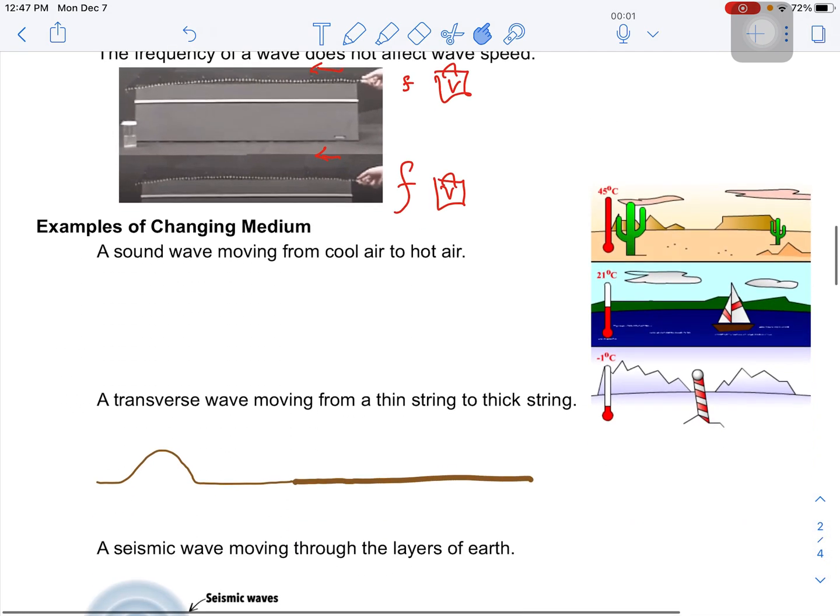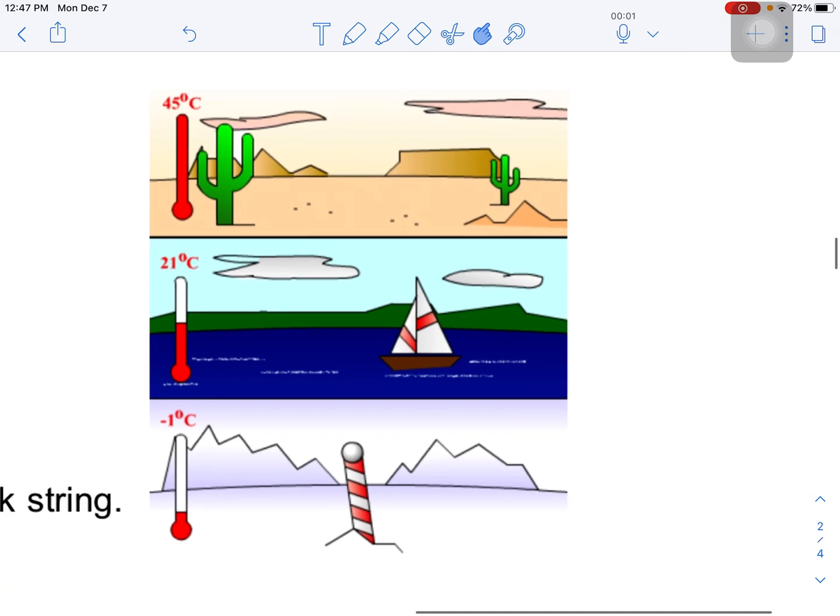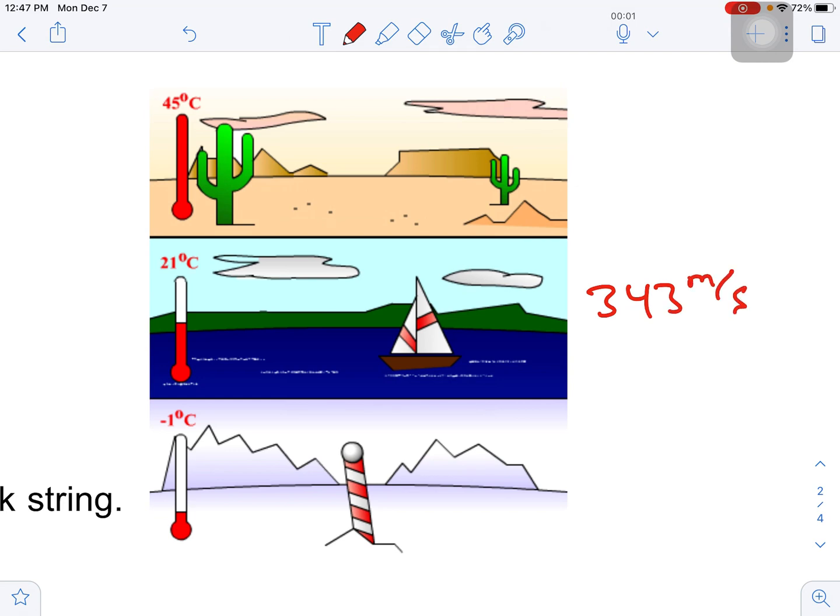Looking at a couple examples of a changing medium: a sound wave moving from cool air to hot air. Temperature affects the air particles, and that's going to affect how the sound travels through them. We have about 343 meters per second. That's how fast sound travels through room temperature air, on a regular, nice day.